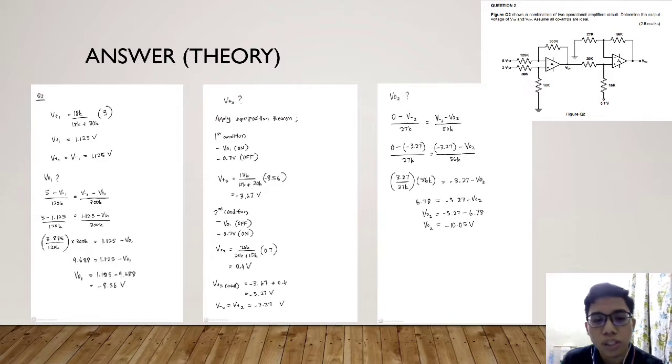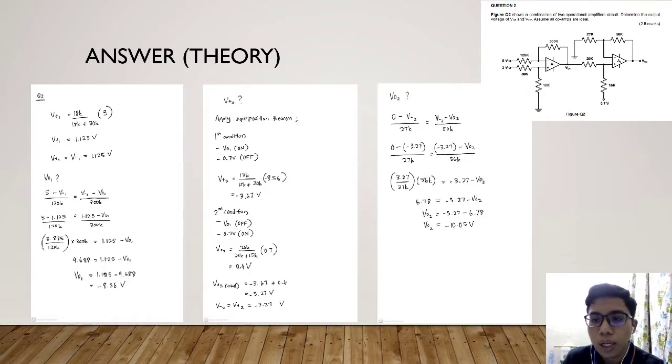Okay, next is to find V out 2. In order to find V out 2, we have to know the values of V minus and V plus. So we have to find V plus. But as you can see in the circuit, there are two resistors in one line and there are two voltage supplies.